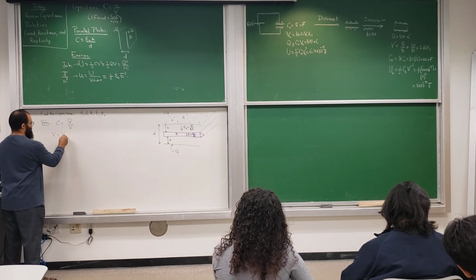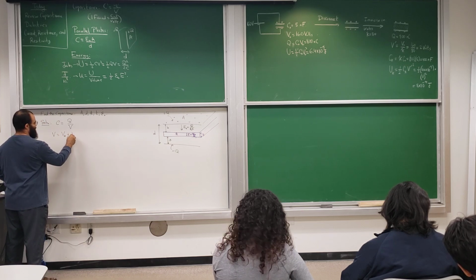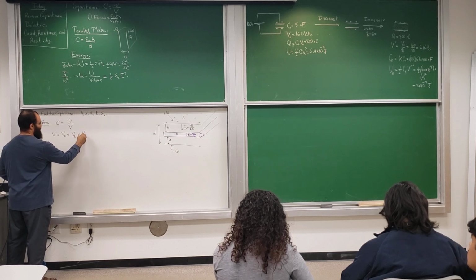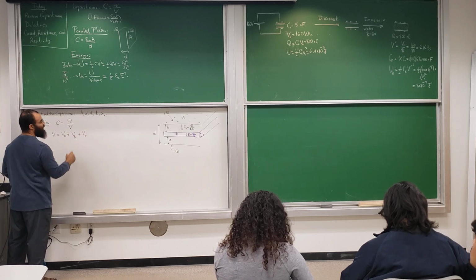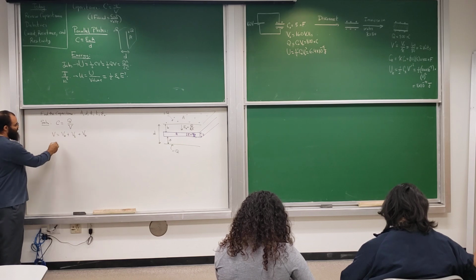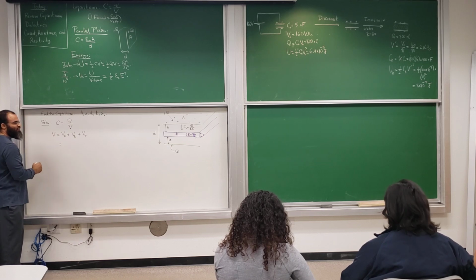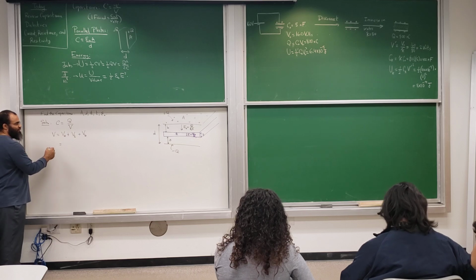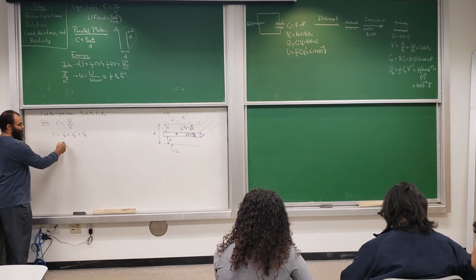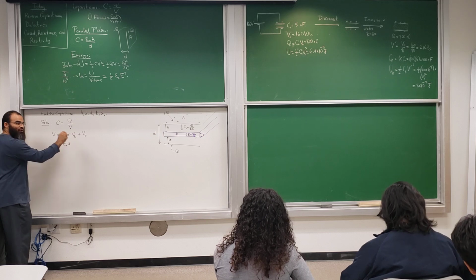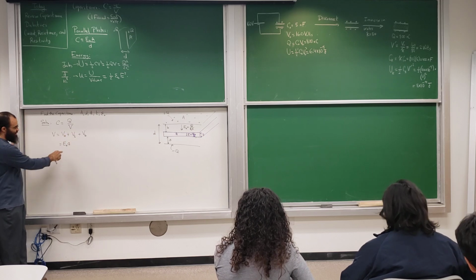So who can tell me what VA is in terms of the electric field? E naught A. Yeah, it will be electric field times distance, and we will substitute the Q later.